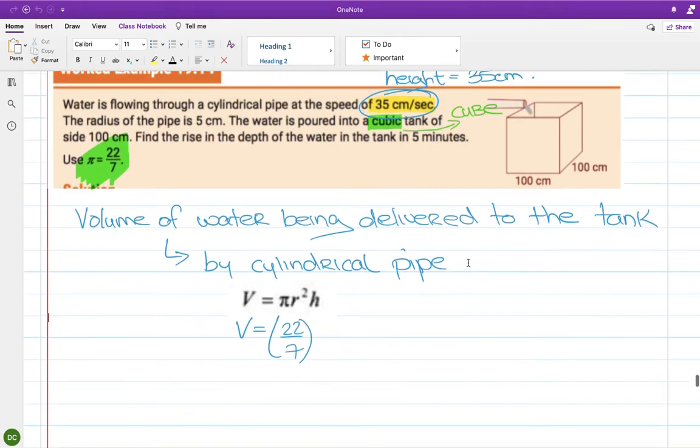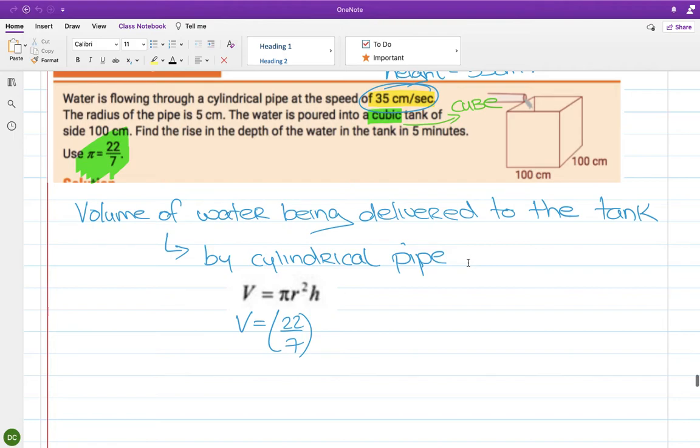The radius of the pipe is 5 centimeters, and we have to square it. And then the height of the pipe, if we're dealing with 1 second, is 35 centimeters. Okay, it is basically going every second, it's going to fill up to a length of 35 centimeters, and that bit of water will move on and it'll fill up again to a length of 35 centimeters, and so on.